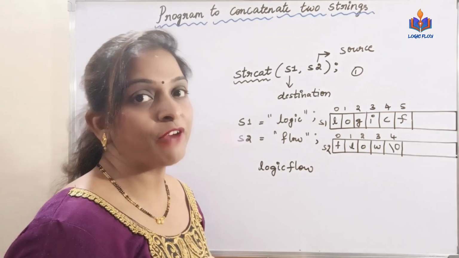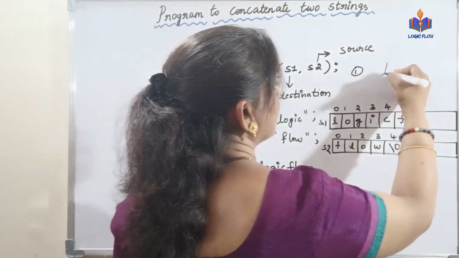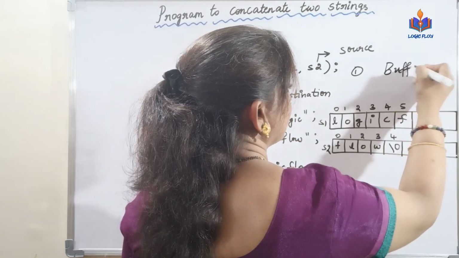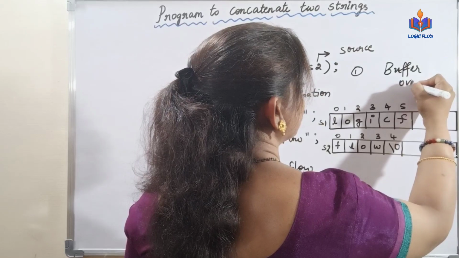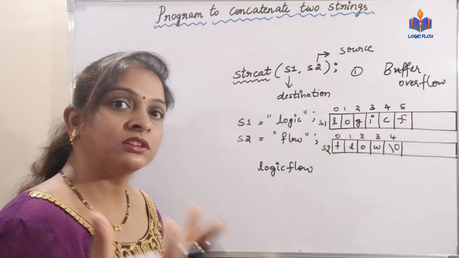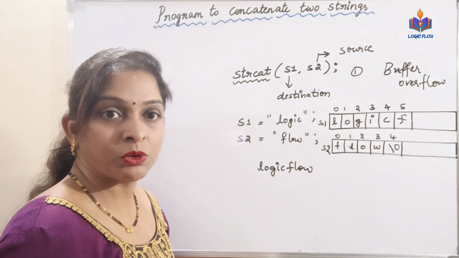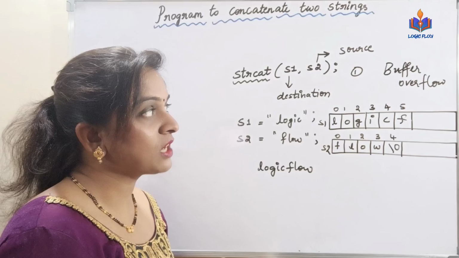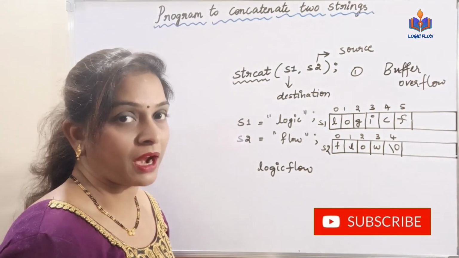But if you don't have space, the strcat function comes across buffer overflow. Even if you don't have memory, the other program's memory will be used. The other program's memory being used is risky itself. That is not good practice.